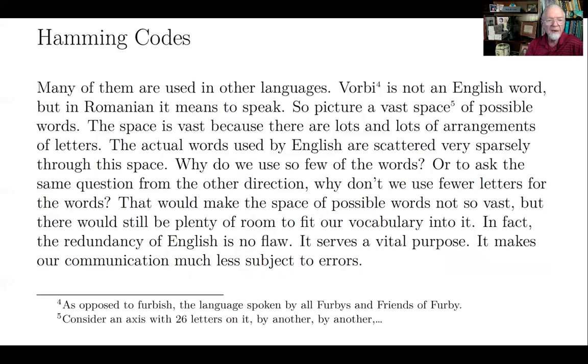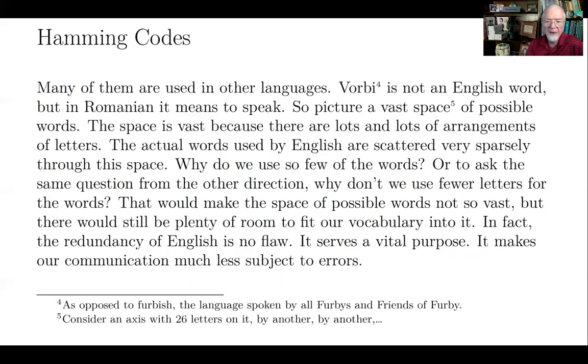Okay, although there are many possible words in the language, as we said before, there's a very vast space of possible words, but the actual words are scattered very sparsely through this space. Many of the words, like vorbi, is not an English word, but it's a Romanian word and means to speak.